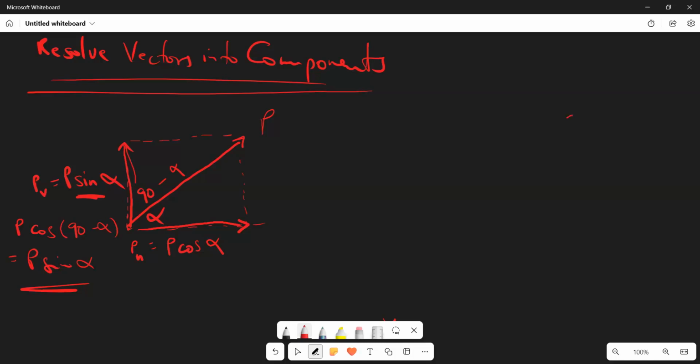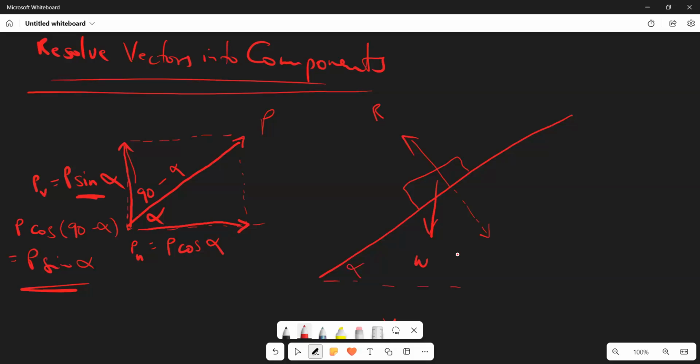There are other cases where, let's say you have an object on an inclined plane, right? And maybe the weight is acting this way, the reaction is acting that way. Maybe you will resolve this weight this way.